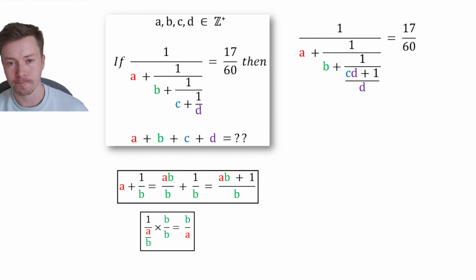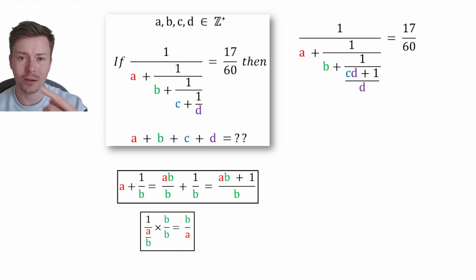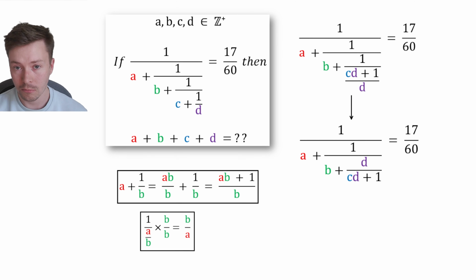Now from there, I've got 1 over cd plus 1 over d. So using my second rule that I've just explained, I can flip that denominator of my denominator up to the top and make it a numerator. So I get d over cd plus 1.